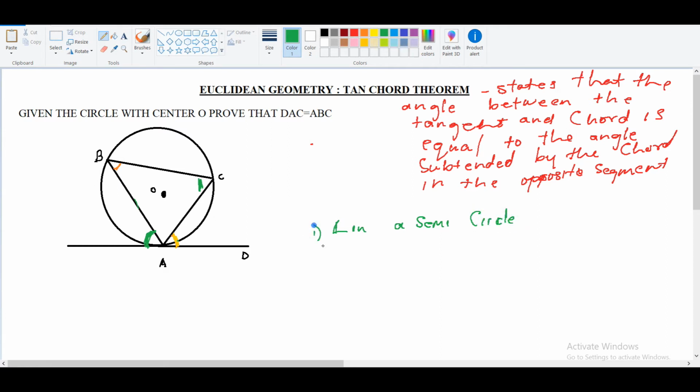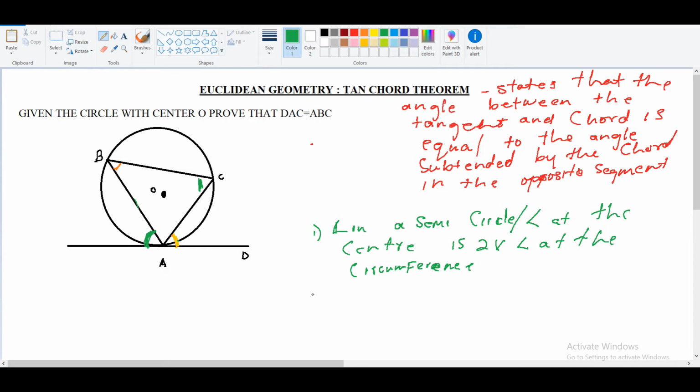That is theorem number 1: angle at the center is 2 times angle at the circumference, right? That is the first theorem that we will need to utilize.